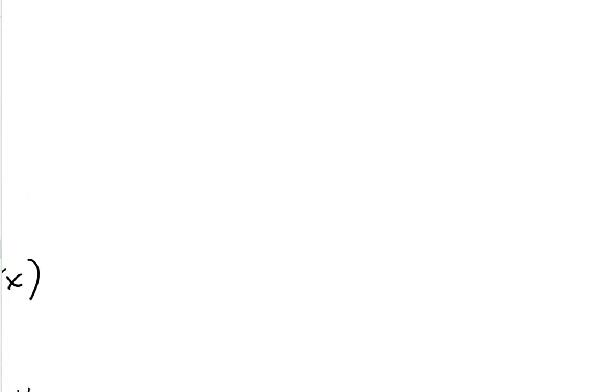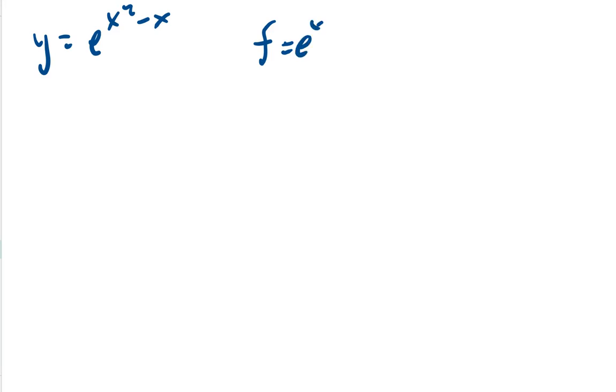So let's say we have y equals e to the x squared minus x. So the outer function is e to the x, and the inner function is that x squared minus x. So in other words, f is equal to the e to the x business, and then g would be equal to that x squared minus x.